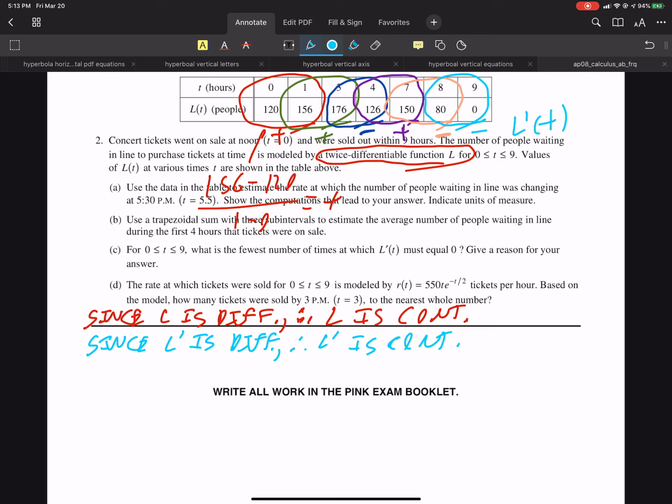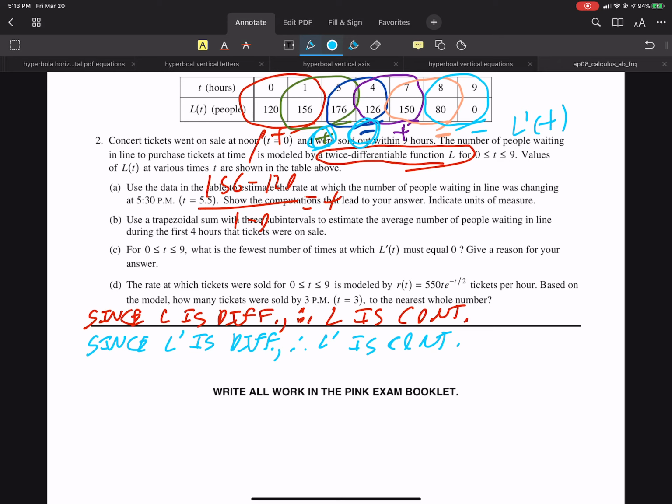So the argument would go, since between 1 and 3, the derivative had to be positive, and between 3 and 4, the derivative had to be negative. Therefore, it had to equal 0 at some point between them by the intermediate value theorem.